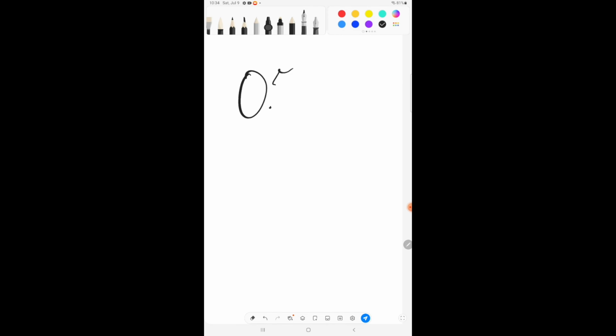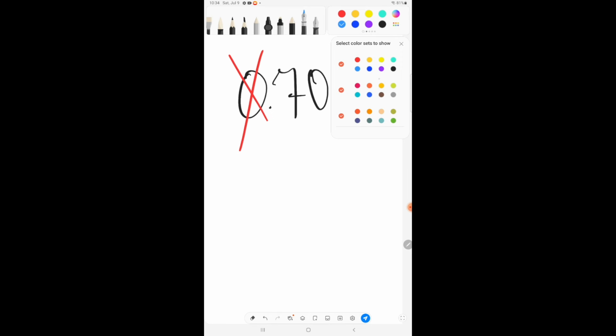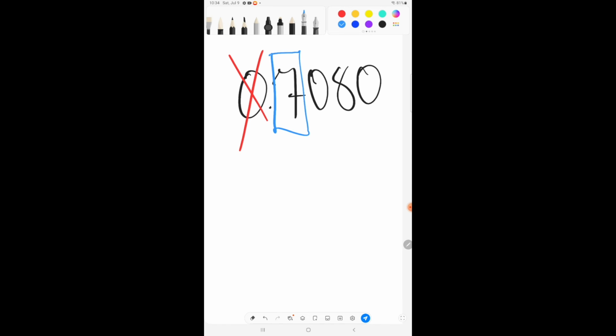So if we have something like this, the leading zero is not significant. The 7 is significant. This 0 is significant. This 8 is significant.